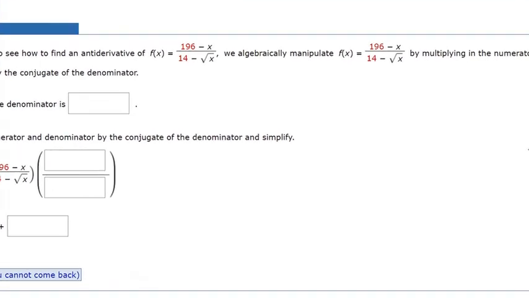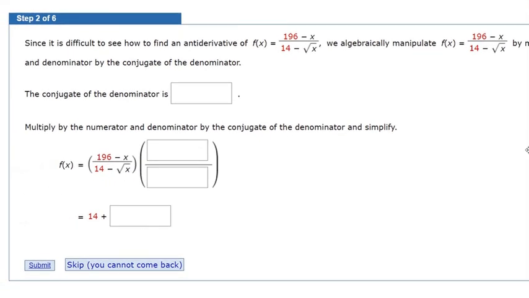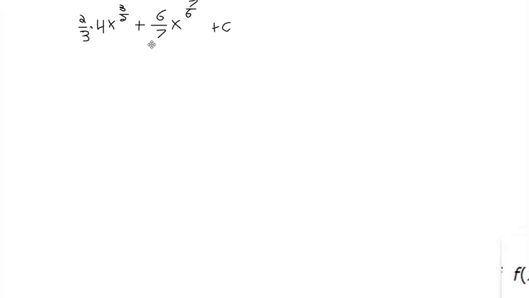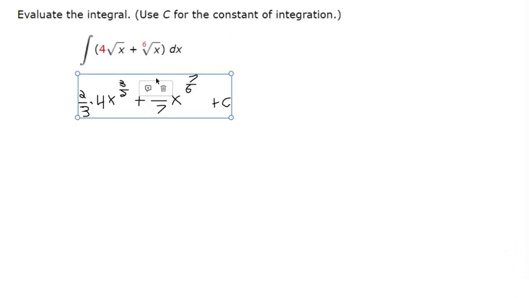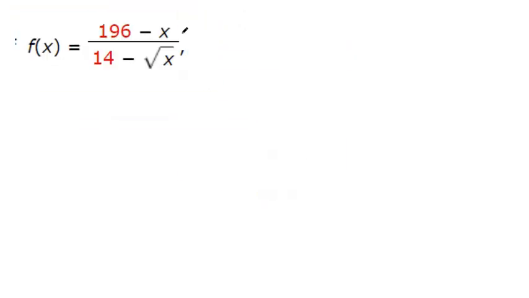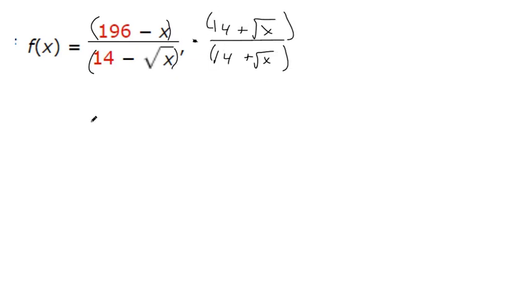Okay, they say multiply the numerator and denominator by the conjugate of the denominator. So let me take this aside. If we multiply by the conjugate of the denominator, you'll want to consider this in parentheses because you're multiplying the entire numerator times the entire denominator.